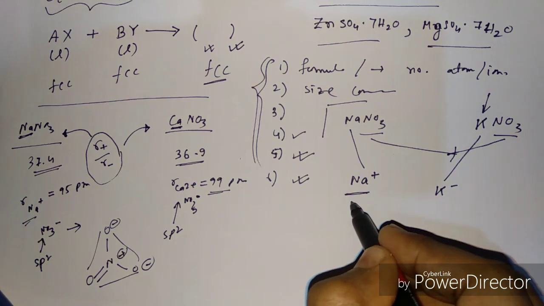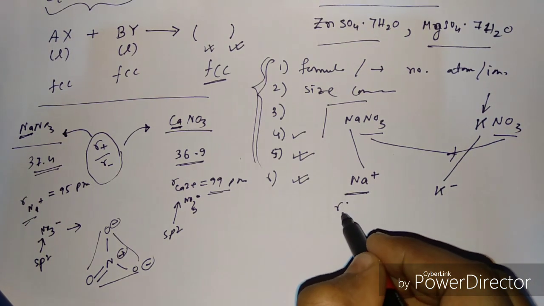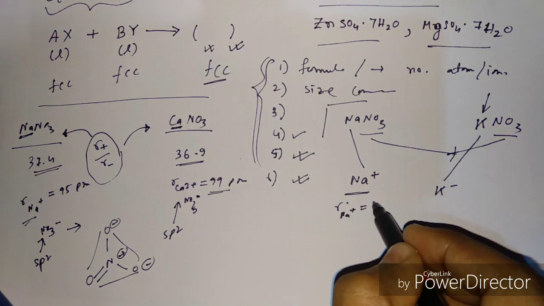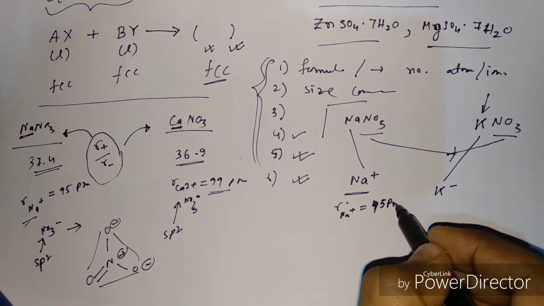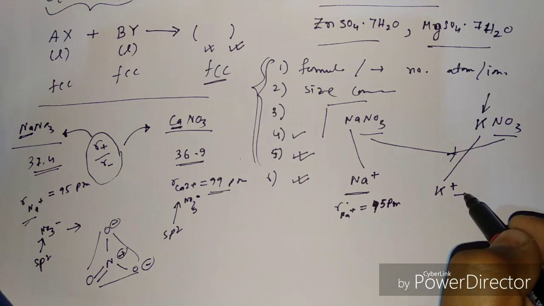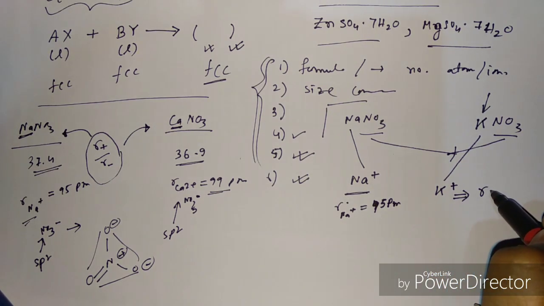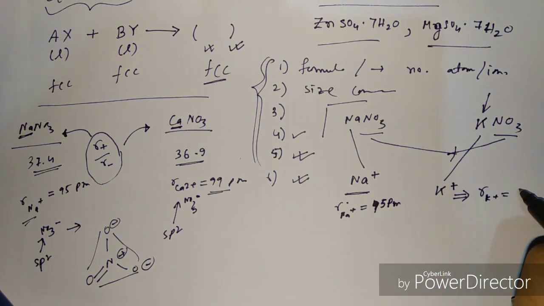So Na plus has the radius of 95 pm, and K plus has the radius equal to 133 pm.